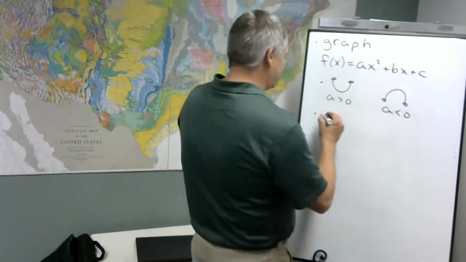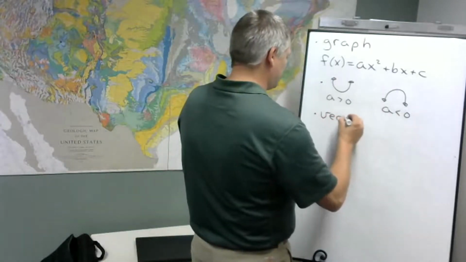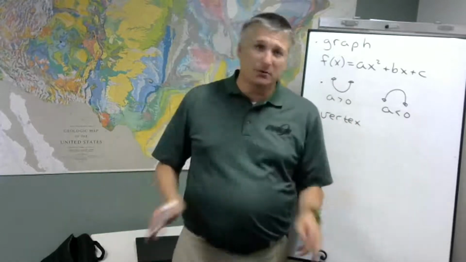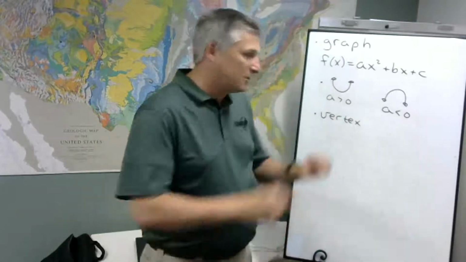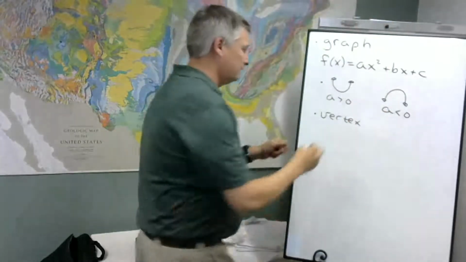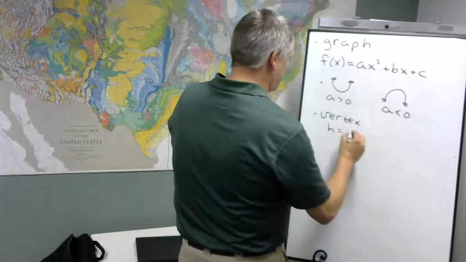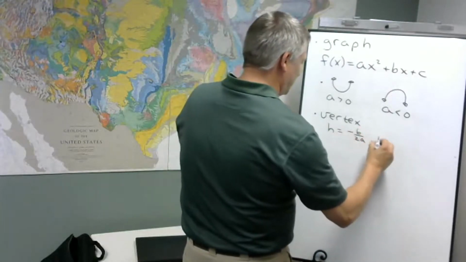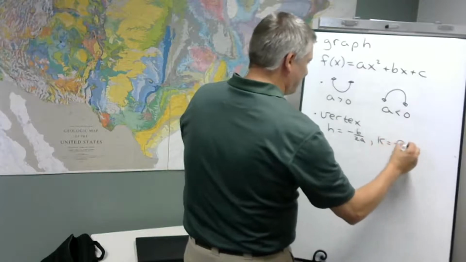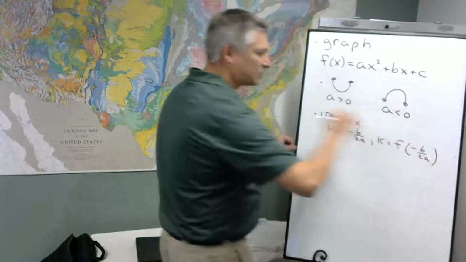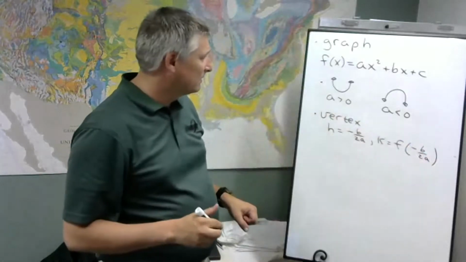So that's the little a that we're talking about. Then we want the vertex. This is sort of that point where we get the minimum or the maximum, which is going to be important shortly. It's also kind of where the parabola sprouts out from. And we saw h, negative b over 2a, k, f of negative b over 2a, whatever this turned out to be.